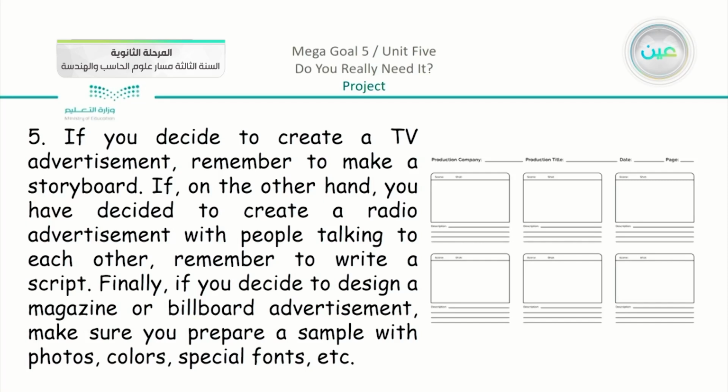Finally, if you decide to design a magazine or a billboard advertisement, make sure you prepare a sample with photos, colors, special fonts, etc. So whether you are going to use this type of storyboard in your advertisement, you are going to make a TV commercial or even a radio advertisement, remember that you do have to write a complete script.